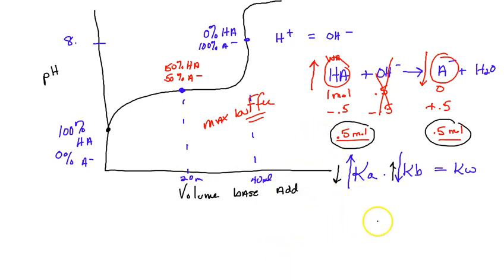So if I have HA, which is a weak acid, and A negative, the weak conjugate base, in a solution, if I drop a base, this base will get neutralized by that acid, and if I drop an acid, that would get absorbed by the conjugate base. So if you've got a buffer set up for a conjugate acid-base pair, then what do you have?